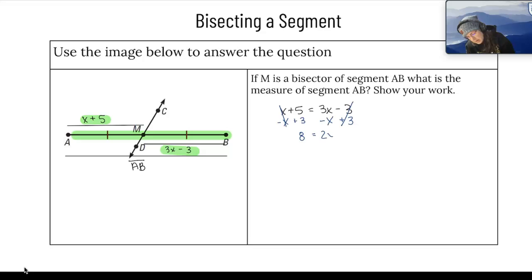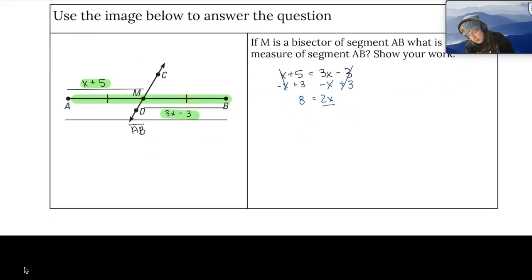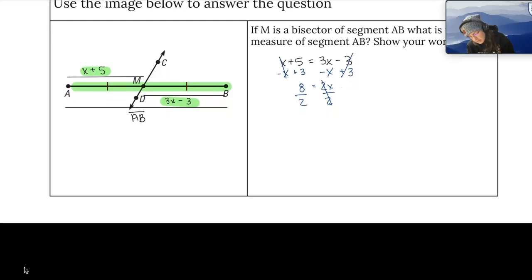Now I'm going to divide by 2, so I'm going to end up with a really clean number. I did this on purpose for you. We cancel those 2's out, and reduce 8 over 2 to 4 is equal to x.